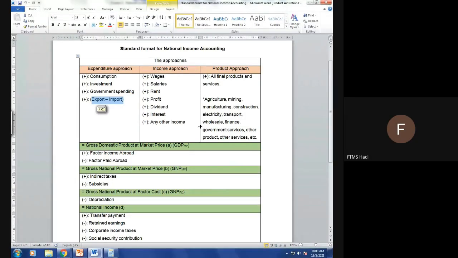Because so far in the study questions, most of the questions are more on expenditure approach, so it's not fair if in the midterm they ask about income approach and product approach. So I can assure you that I will provide later an example of questions related to product approach and income approach, on how to calculate that.